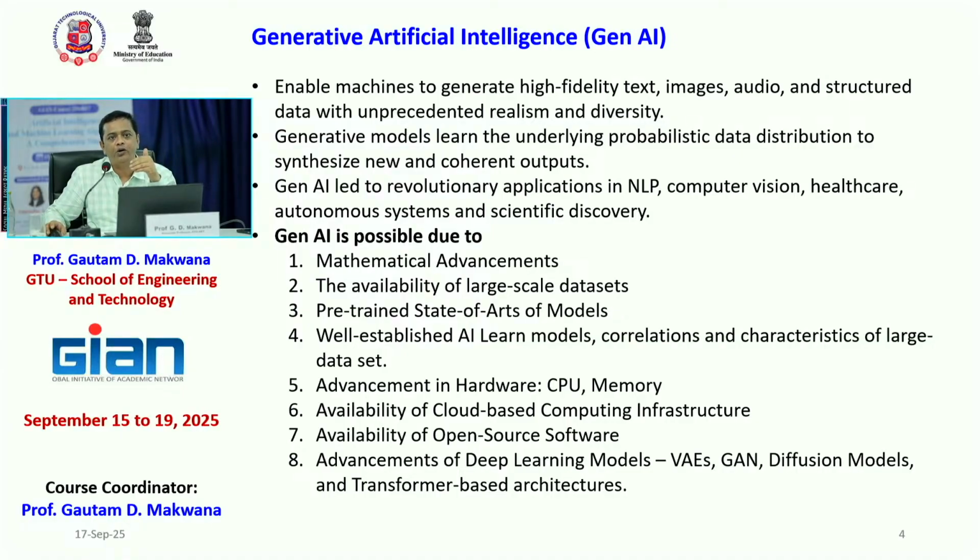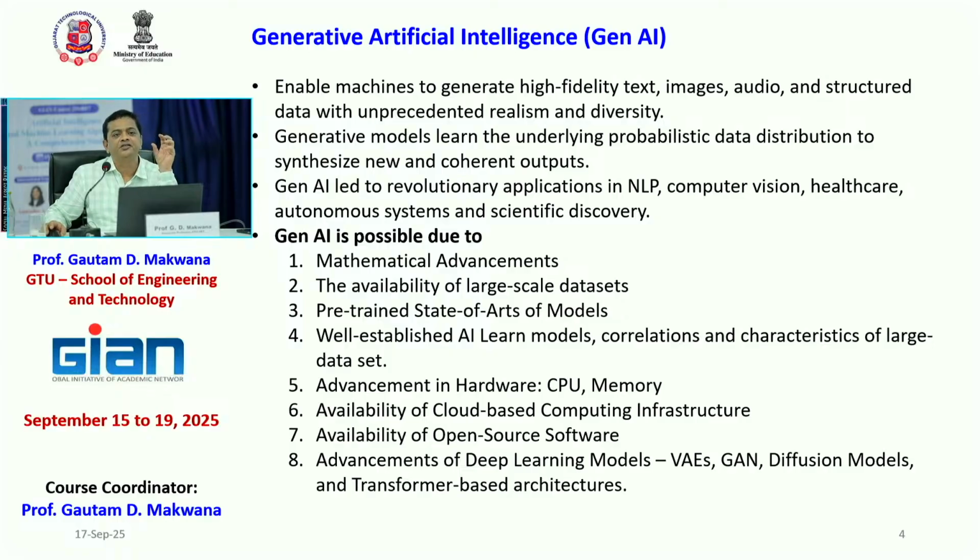If I don't have a GPU here, then I can use the cloud service to produce my generative AI. There is also availability of open-source software and advancement of deep learning models like VAE, GAN, diffusion models, and transformer-based architectures.